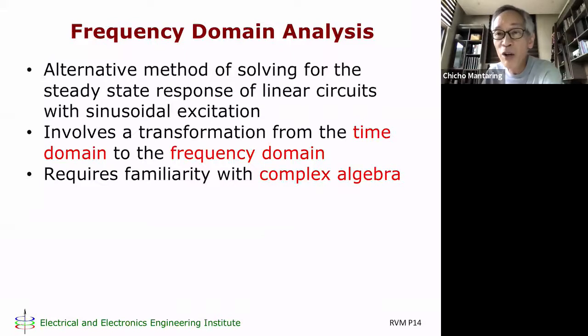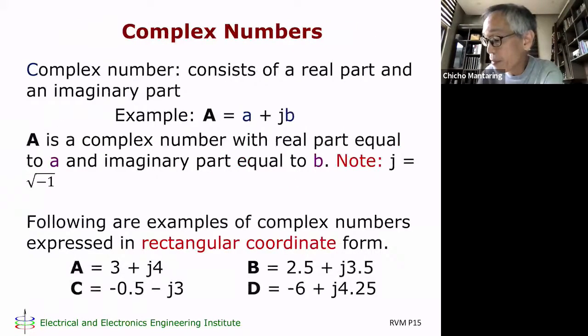I will no longer go through a review of complex algebra with you. That should have been introduced to you even in high school, and then probably also in your earlier math courses. Just to say that in electrical engineering, we don't use i as the square root of -1, but we use j.